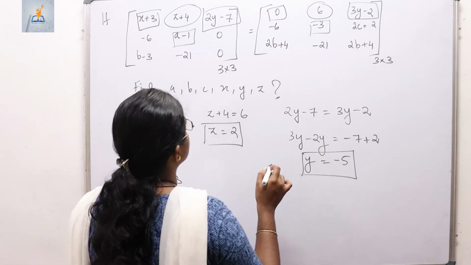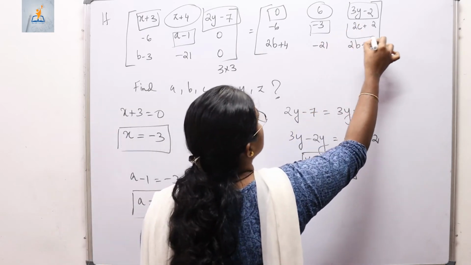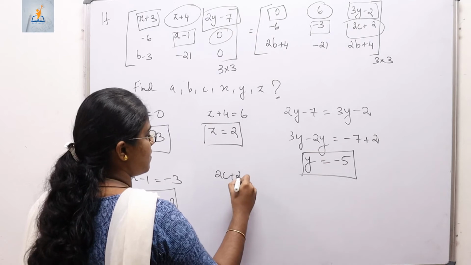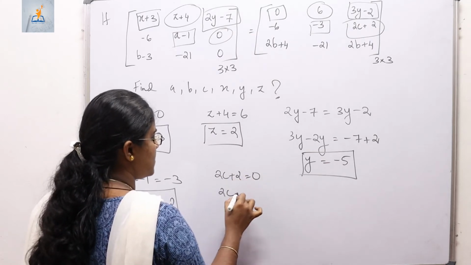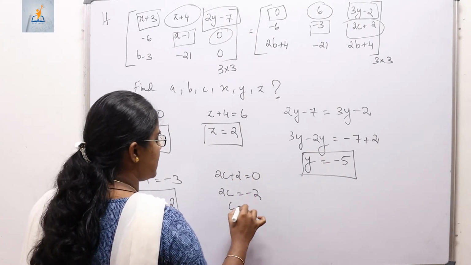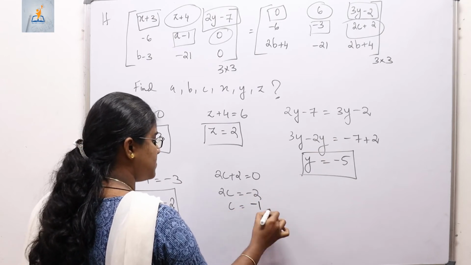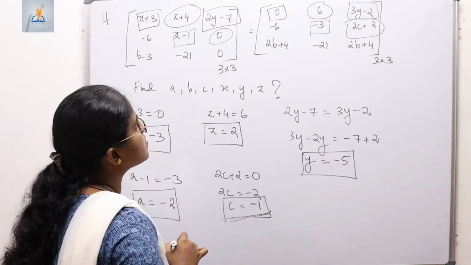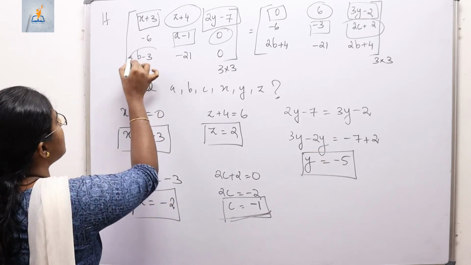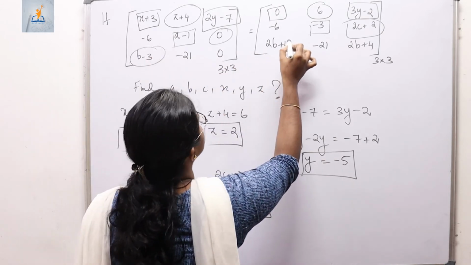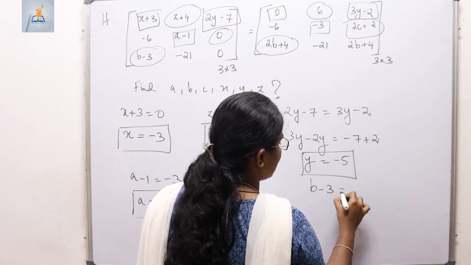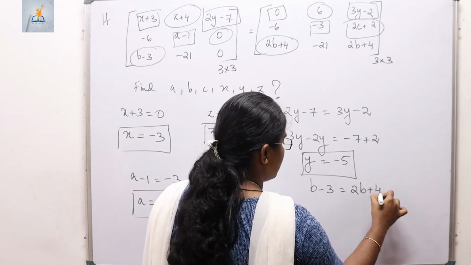Again we have 2c plus 2 is equal to 0, which means 2c equals negative 2 and c is equal to negative 2 by 2, which is 1. Sorry, negative 1. So we got the value for c also. Now we have b minus 3 is equal to 2b plus 4.